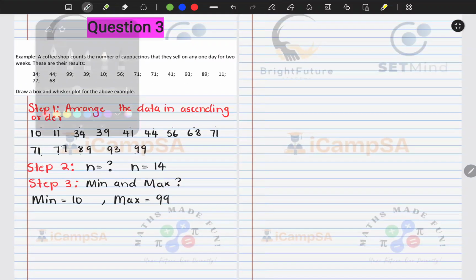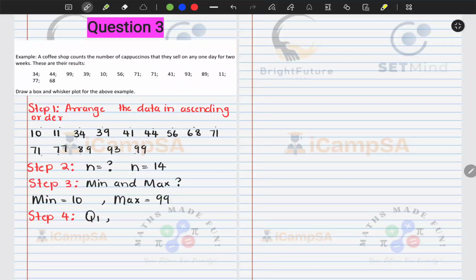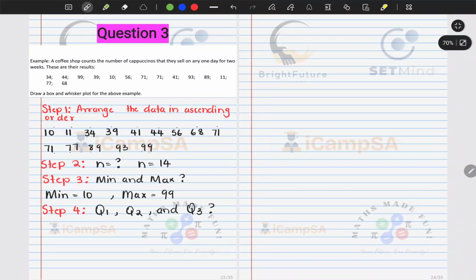Then step number 4, as part of our box and whisker, we actually need our Q1, Q2, and Q3. So we'll end with the mean, which will tell us how skewed our data is. Remember, Q1 is given by 1 over 4 into n plus 1. That is essentially the position.